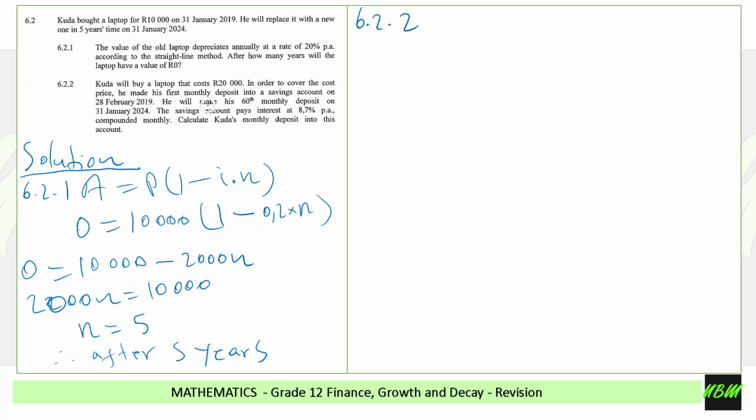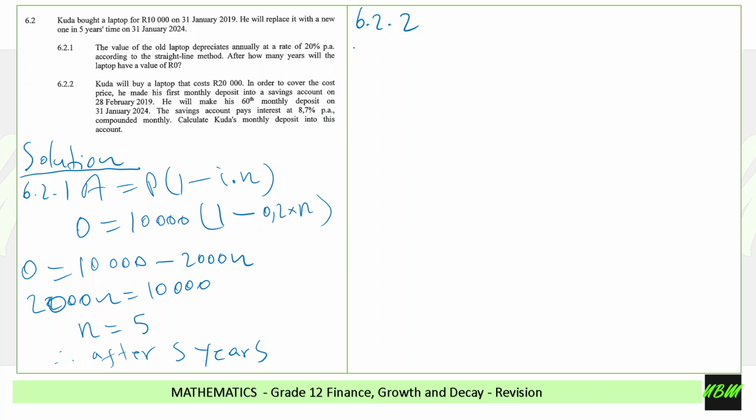He will make his 60th monthly deposit on 31 January 2024. The savings account pays interest at 8.7% per annum compounded monthly. Calculate Kuda's monthly deposit into this account.